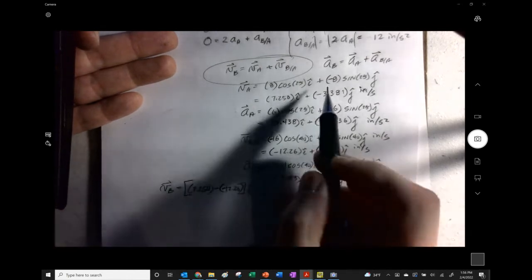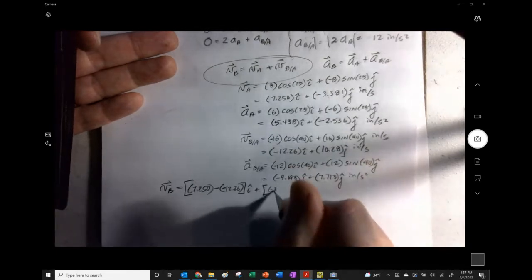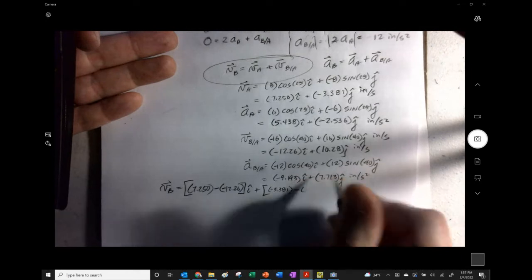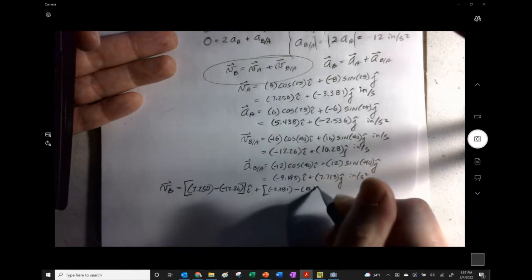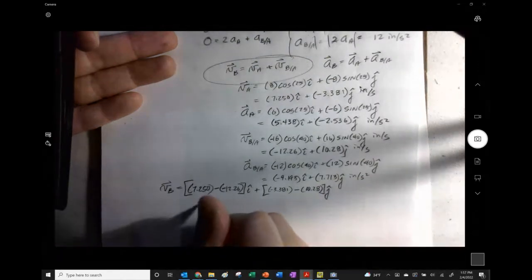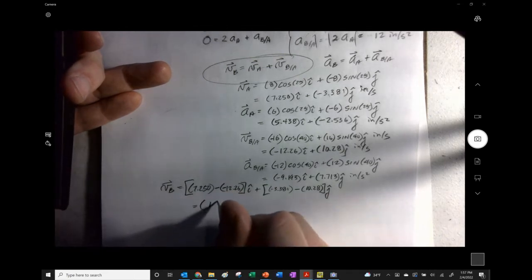And I'll have my negative 3.381 minus 10.28j. And so 7.25 and 12.26, and we're adding them together because it's minus minus.